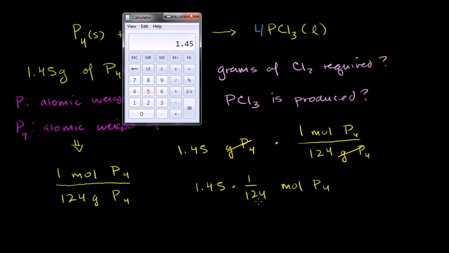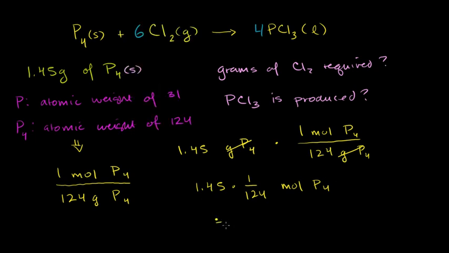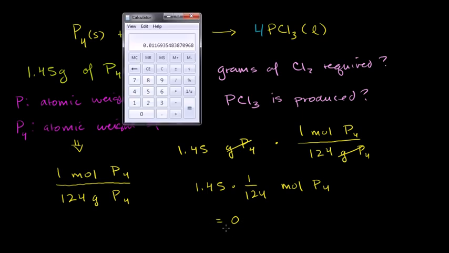That's the same thing as multiplying by 1 over 124. So divided by 124 is equal to, let me make sure, 0.0117.